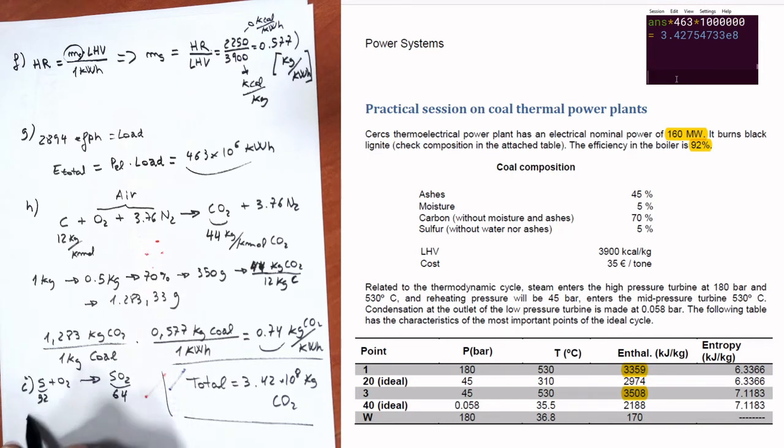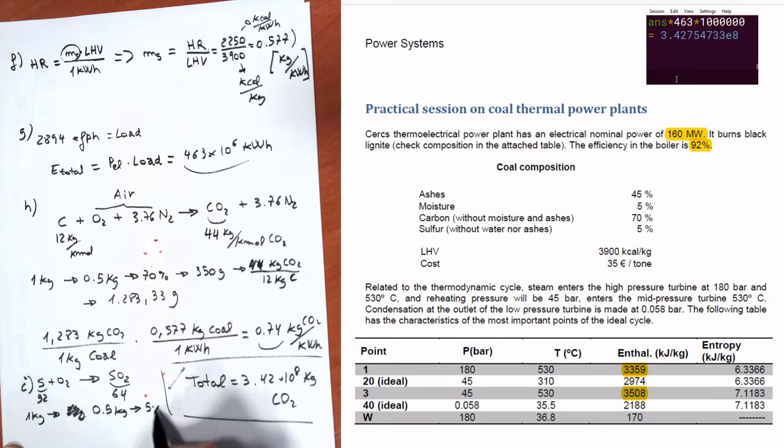And from 1 kilo, now we only have 25 grams. So from 1 kilo, 0.5 kilos, and then here only 5%, so this is 25 grams.